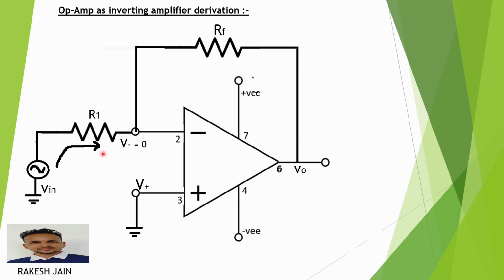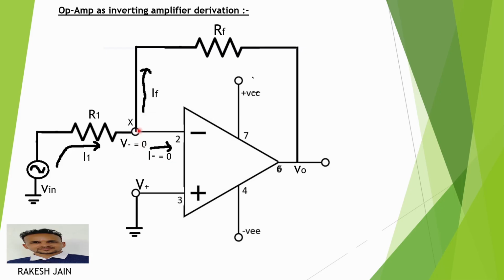Now, the current which passes through this series resistance R1 is let I1. Now at this node, it will be divided into two parts, one going towards the inverting input pin and one going towards the feedback resistor. Let the feedback resistor current be IF and the inverting input current be I minus. I minus is 0, as we already discussed, that the input terminal current is assumed to be 0 due to high input impedance.